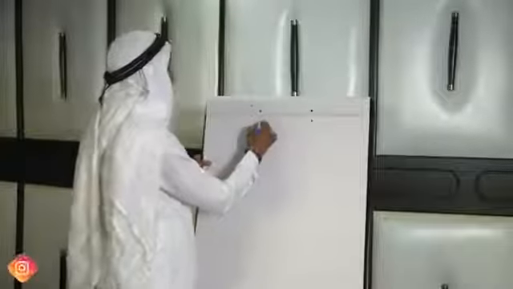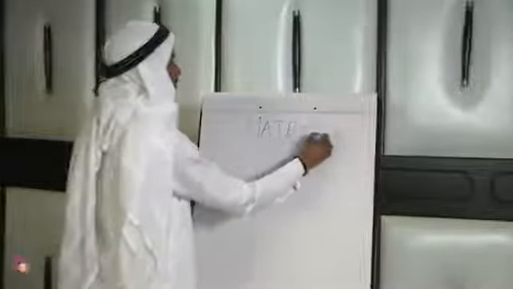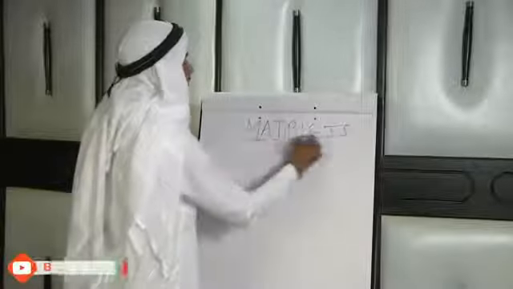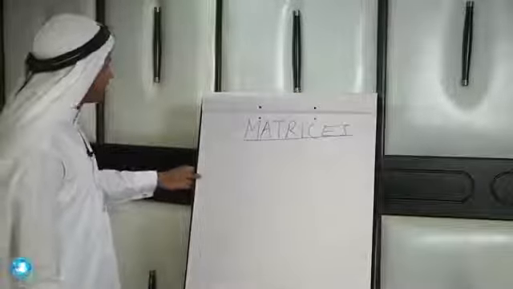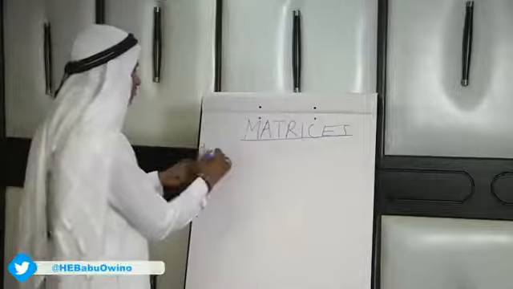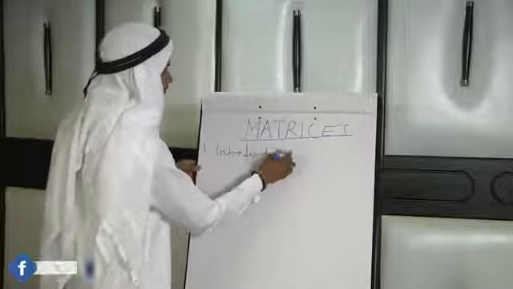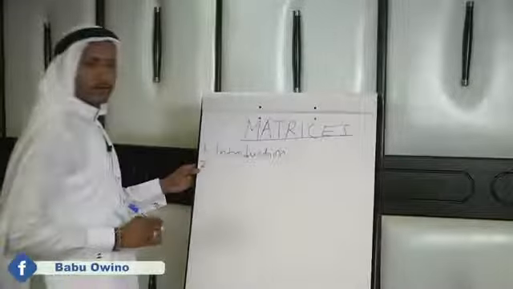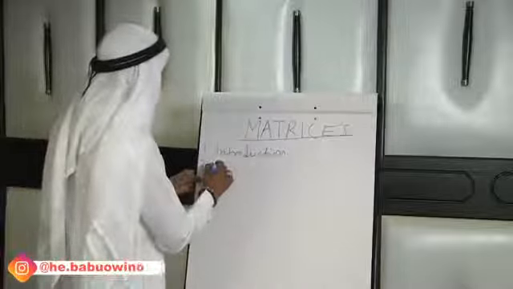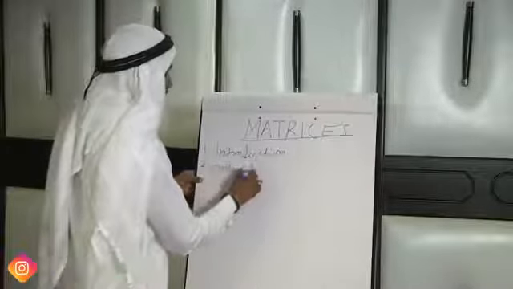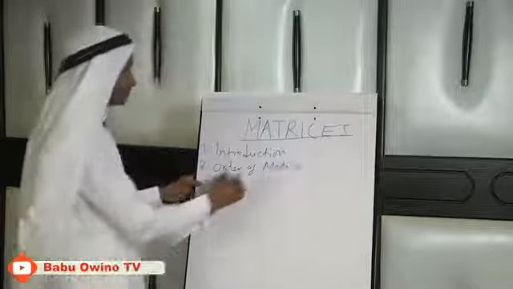So today we will start with matrices as our main topic. On matrices we will look at the introduction, then after the introduction we will go to the order of a matrix.